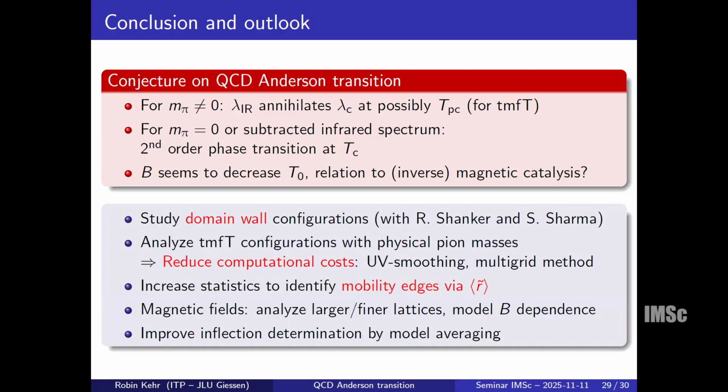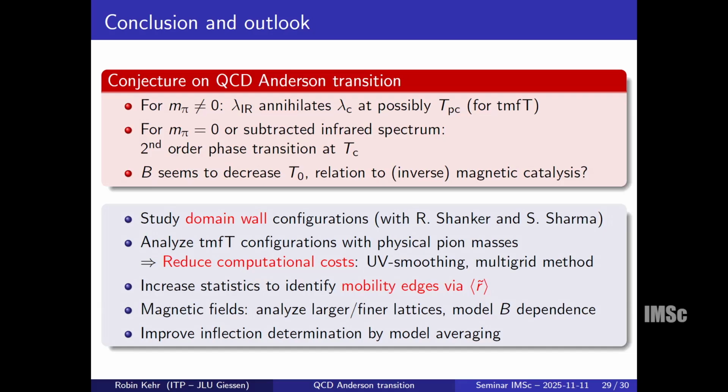As an outlook, it is planned to study domain wall configurations together with Ravi and Sayantan. This is interesting because we then also have chiral fermions in the sea. Also there we don't have this infrared part yet, but physical pion masses already with smaller lattices. And then it's still planned to evaluate these twisted mass ensembles for the physical pion masses, which however are really, really expensive.